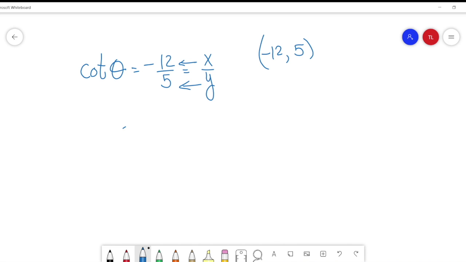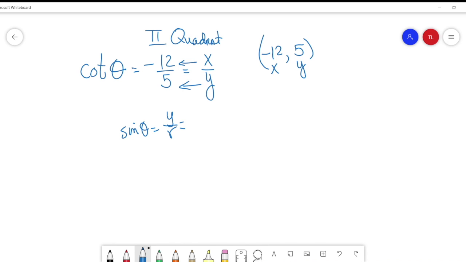Now what would be the sign? Y over what? Well, what is Y? Hey, what quadrant are we in? Second quadrant. All right, in the second quadrant, who's negative? X. All right, we got it right.